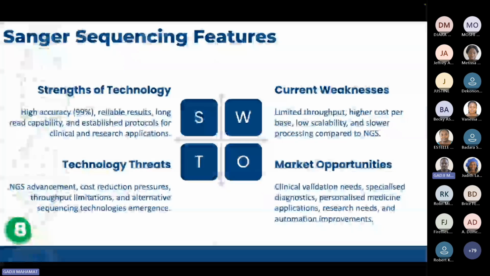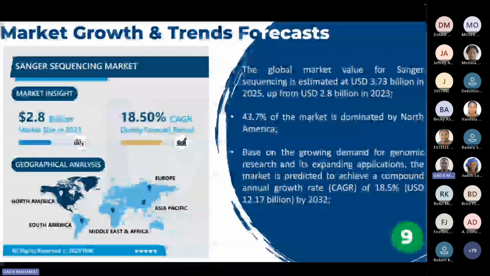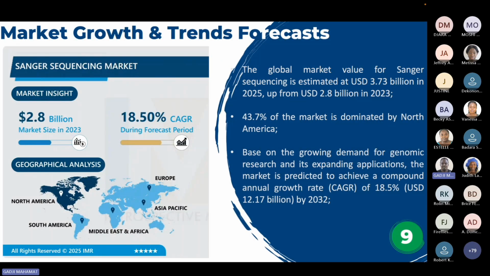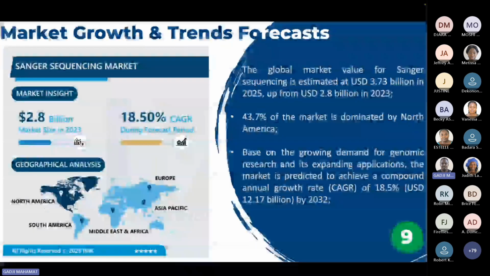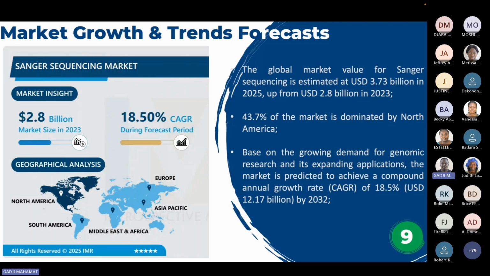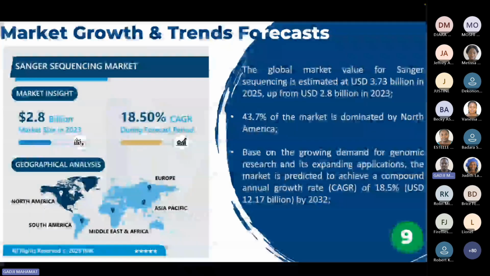The global market of Sanger sequencing has been estimated at around 3.73 billion in 2025. What is interesting here is that America alone is dominating the market at around 43.7%. This is because most of the companies providing Sanger sequencing services are located in North America.